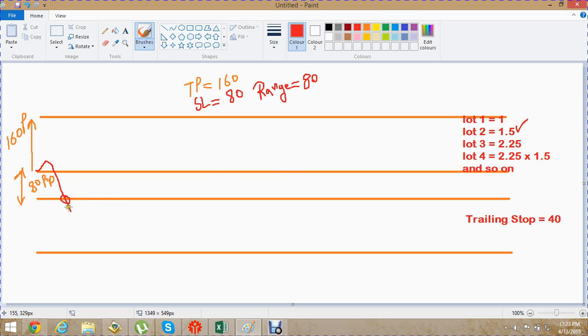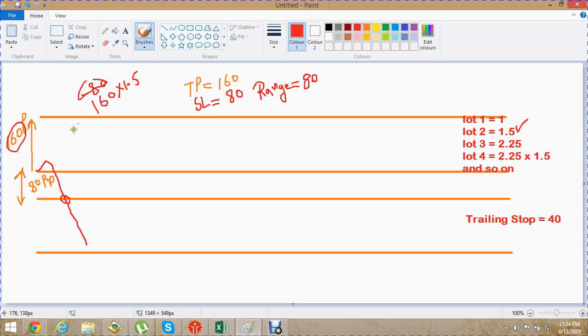Your first trade lost 80 pips, but your second trade, if it goes in your favor, will earn you 160 pips, and your profits are multiplied by 1.5, which means you will earn more money than you could have won with the first trade.